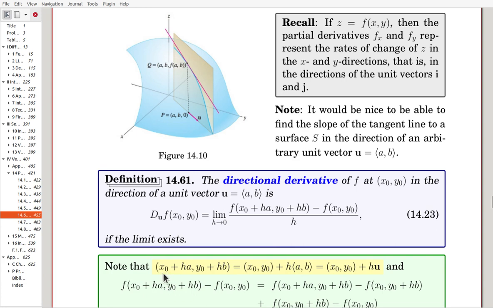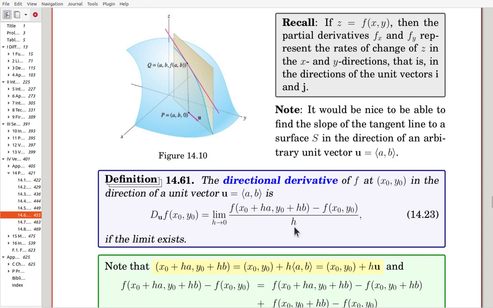You can easily see from here, this point is the same as the base point plus h times the vector AB, and that is exactly the same as this one. So the base point plus h times u.